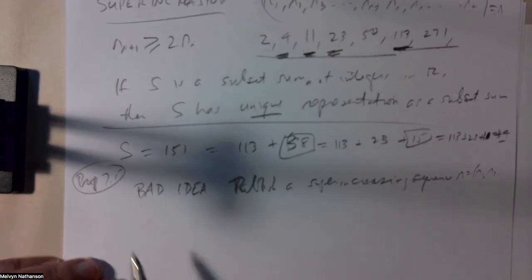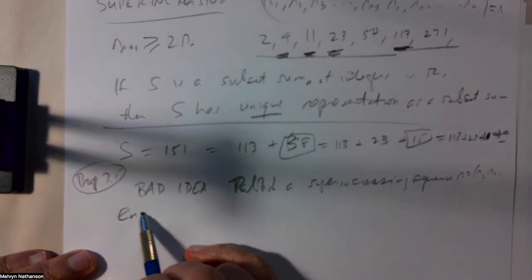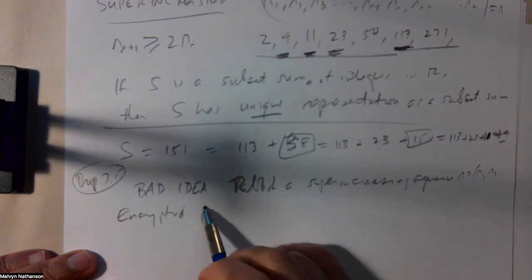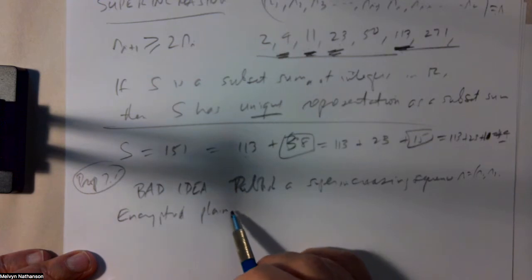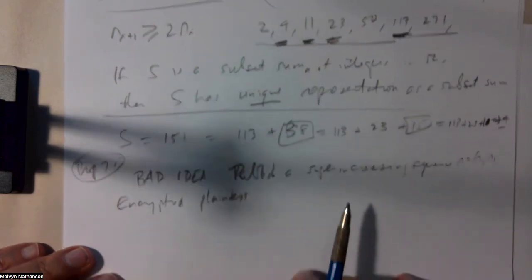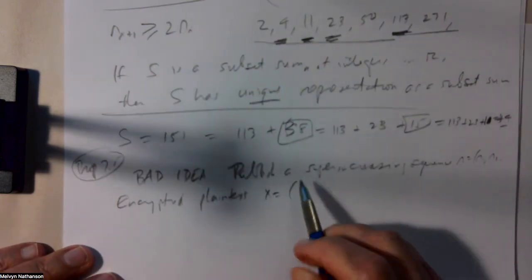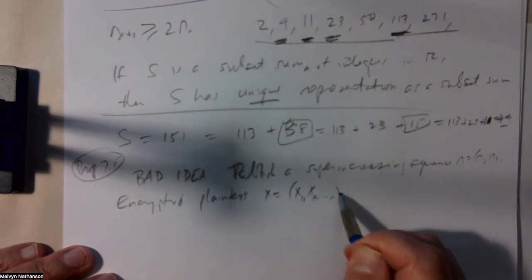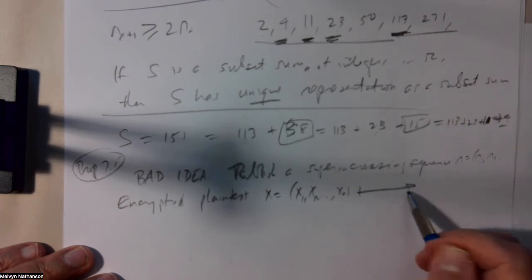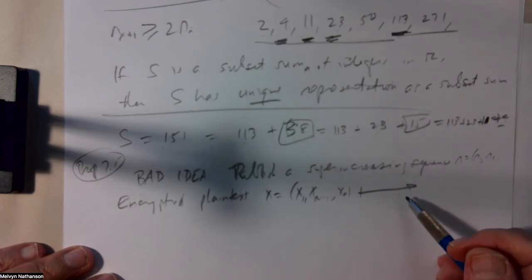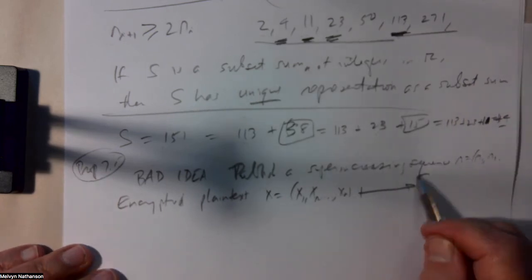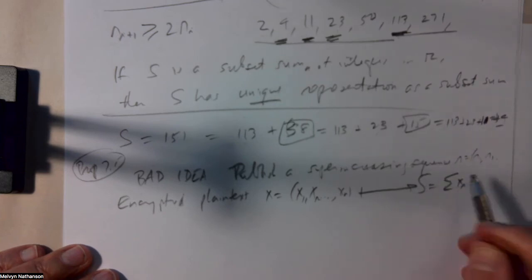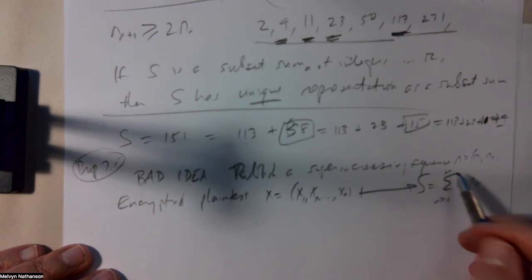And you define encryption as follows. If your plain text, the message you want to encrypt, is a binary sequence x1, x2, up to xn, then the person sending you the message sends you the subset sum s equals summation xi ri. It goes from 1 up to n.